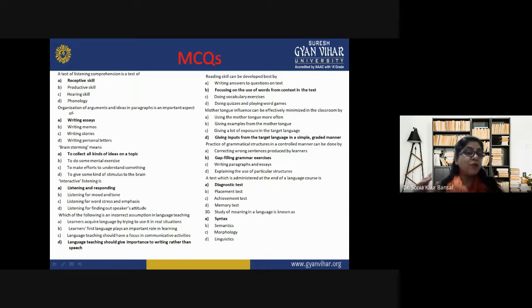So next we are going to talk about brainstorming, and it means, option A, to collect all kinds of ideas on a topic, to do some mental exercise, to make efforts to understand something, to give some kind of stimulus to the brain, and the correct answer is to collect all kinds of ideas on a topic.